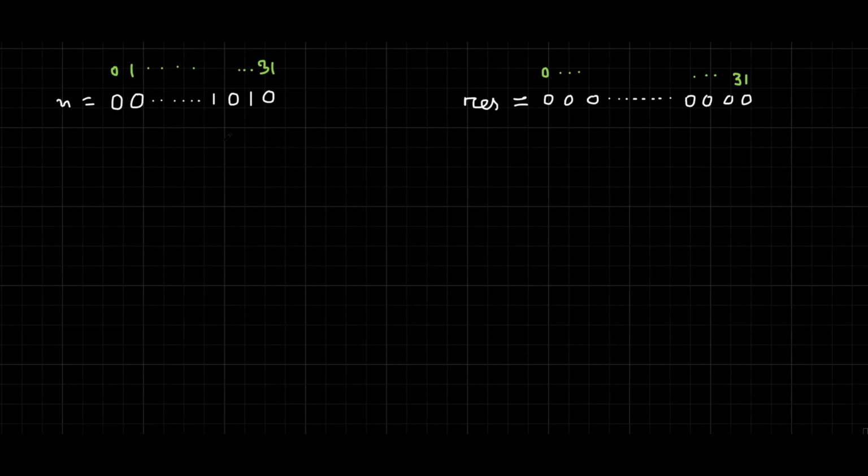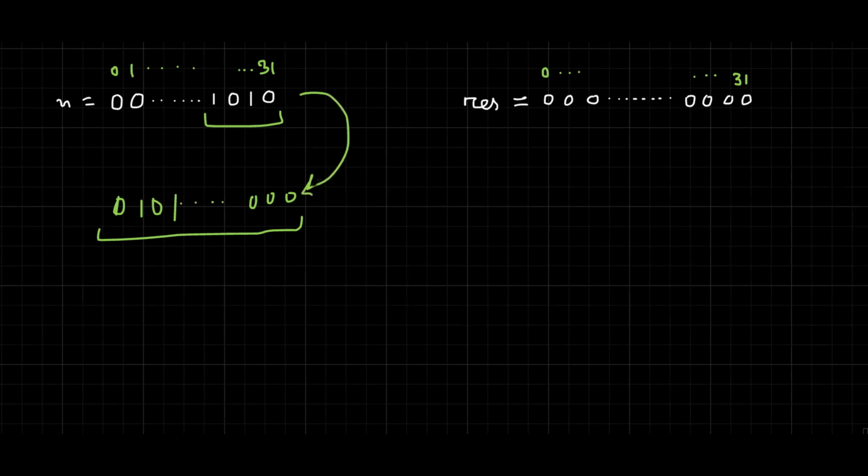That means we are given 32 bits and we have to reverse each of the bits. Suppose this is our input, the last 4 bits are 1010, and if we reverse it, it will become 0101, after which all of the 0s will be placed. That means this is the reversed bit version of the input.